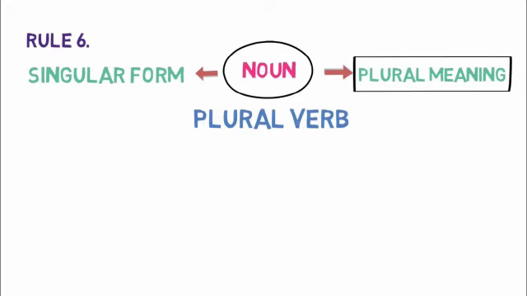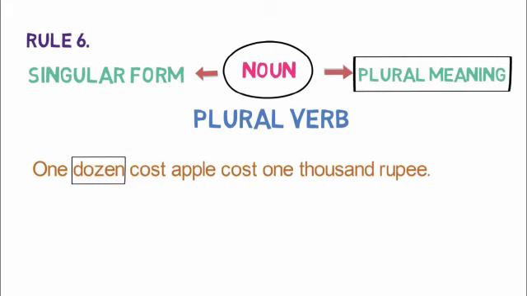It says that some nouns singular in form but plural in meaning take a plural verb. For example, one dozen apples cost 1000 rupees. Here the word dozen is in singular form but it is plural in meaning. So we use the plural verb cost here.